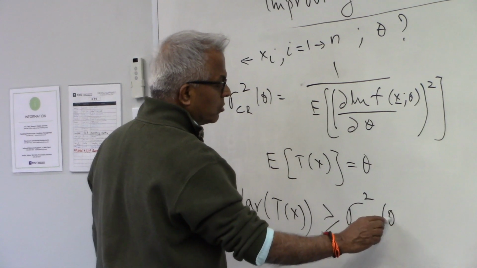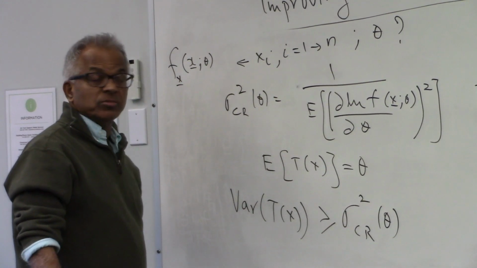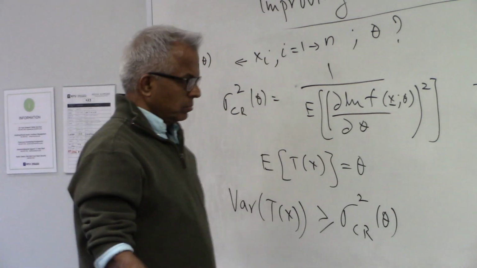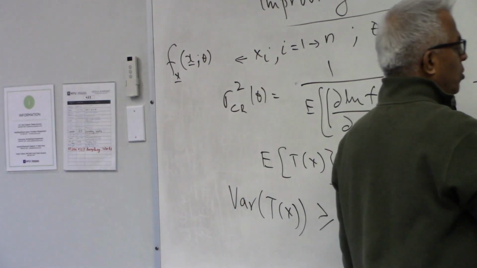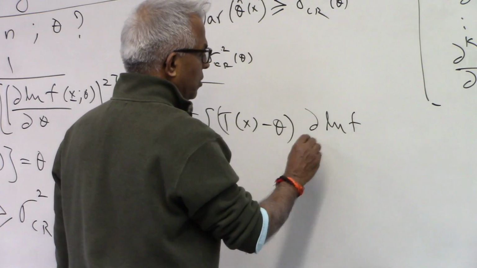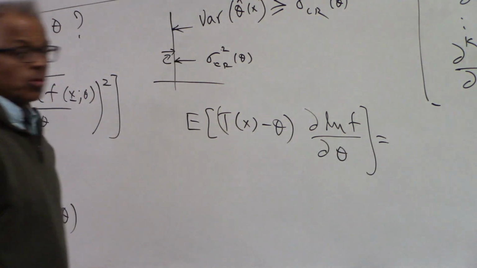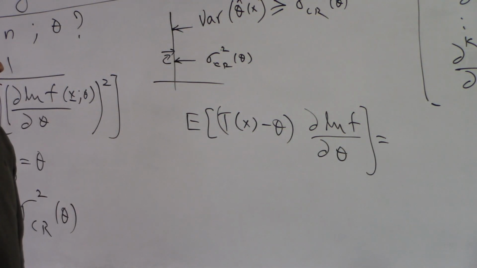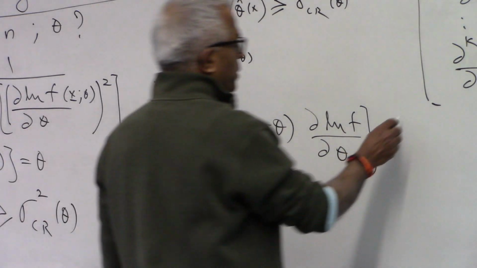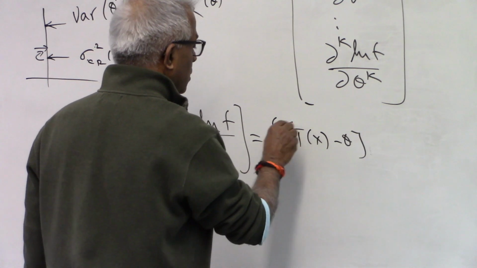And the Cramer-Rao bound is given by the derivative of the logarithm of the density function. We also found, so let's do this quickly here. The expected value means the function multiplied by the density function.